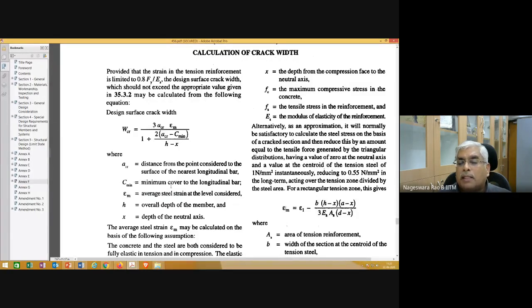And C minimum we already discussed. H is the overall depth of the member, X is the neutral axis depth. So everything in this equation is clear to you, if you noted down that figure shown as a flanged section, except what this epsilon m is and how to calculate it.